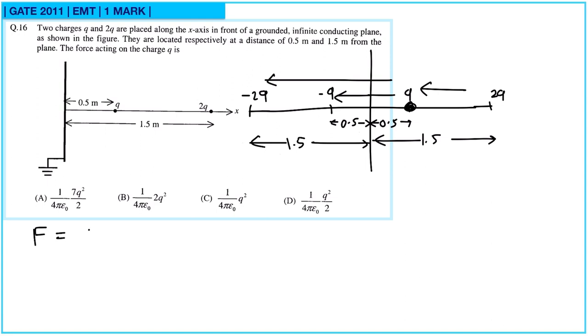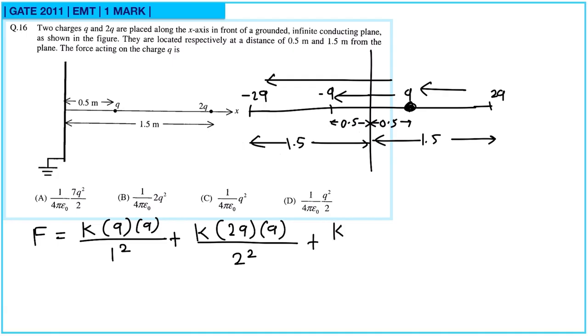So force is equal to, first one is K Q1 Q2 upon R square. Let us consider this pair: Q into Q upon distance 0.5 plus 0.5, so 1 square. Plus second is K into 2Q into Q, and this distance is 1.5 plus 0.5, so this is 2, so 2 square. Plus next is this one, Q into 2Q upon 1.5 minus 0.5, so 1 square.